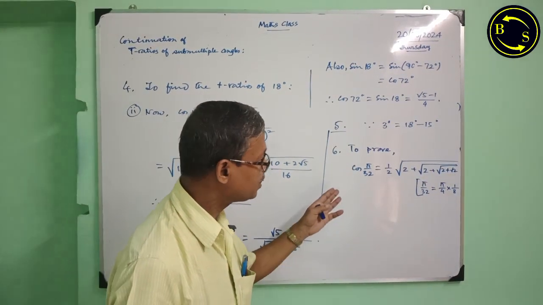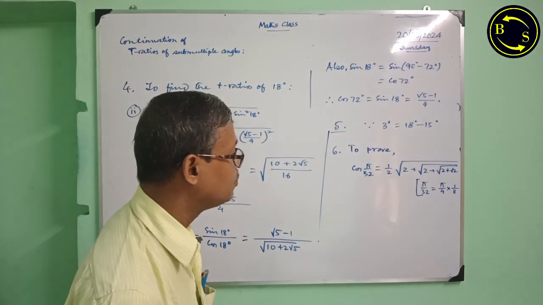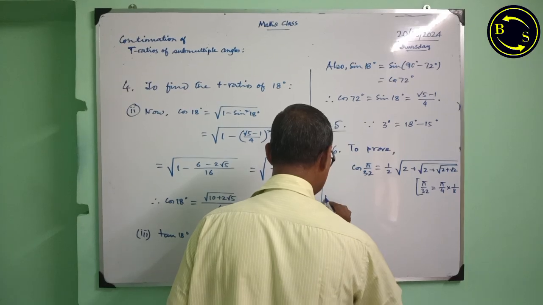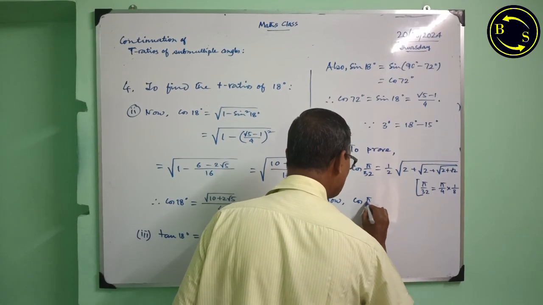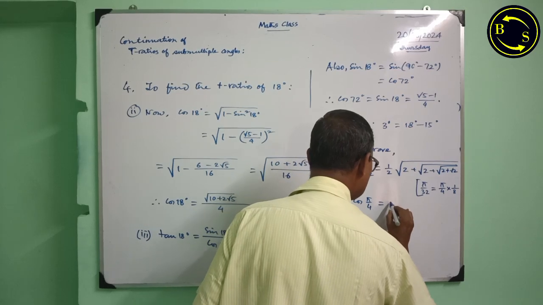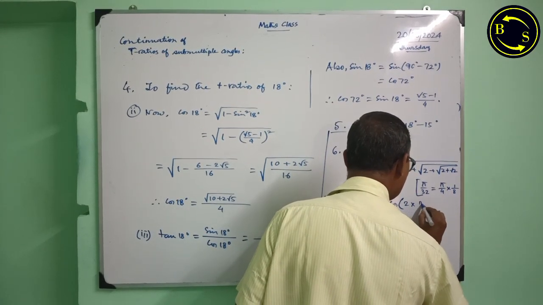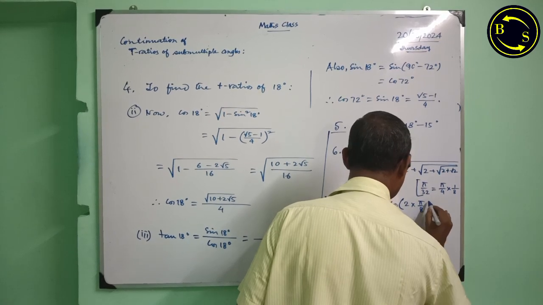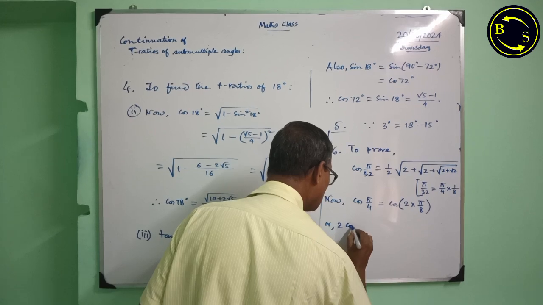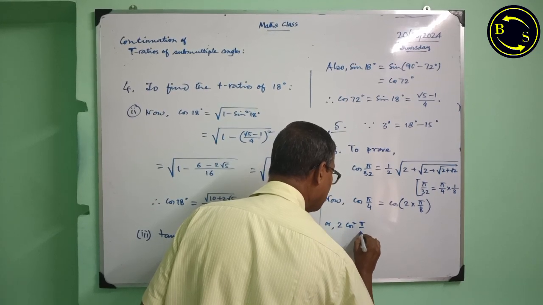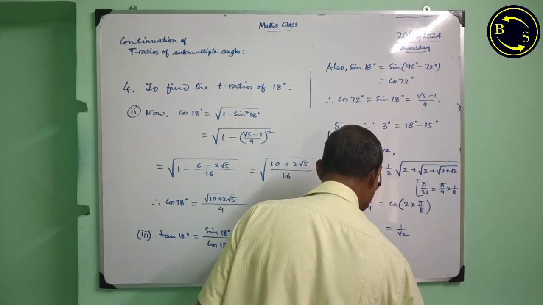That is why we shall start from cos pi by 4. Now cos pi by 4 is equal to cos 2 into pi by 8, or 2 cos square pi by 8 minus 1 is equal to 1 by root 2.